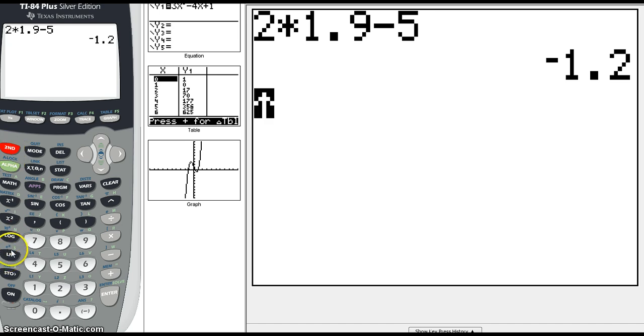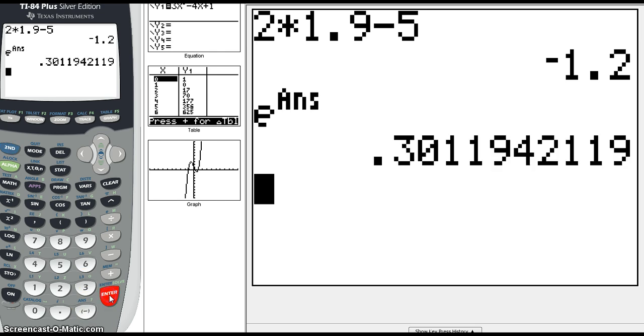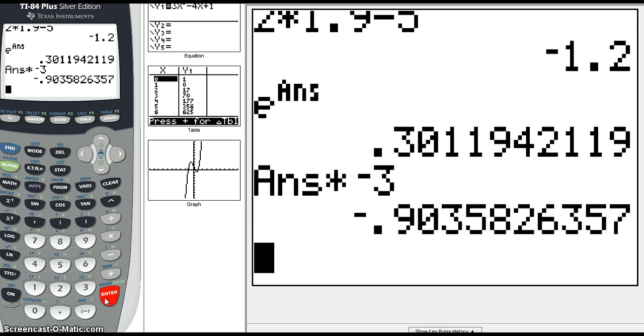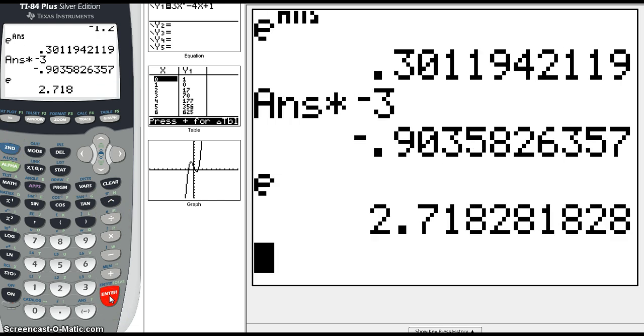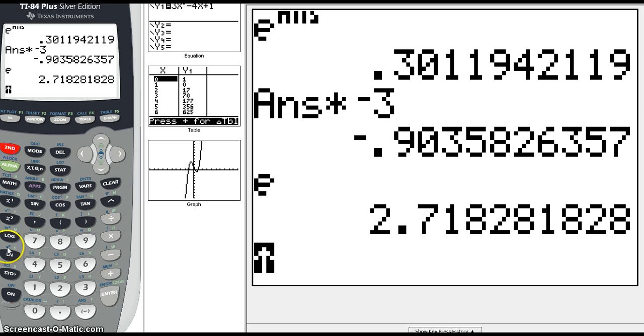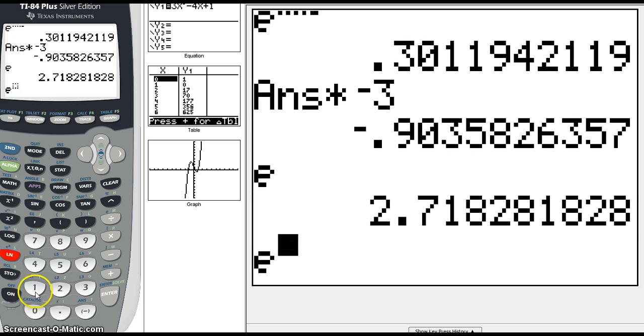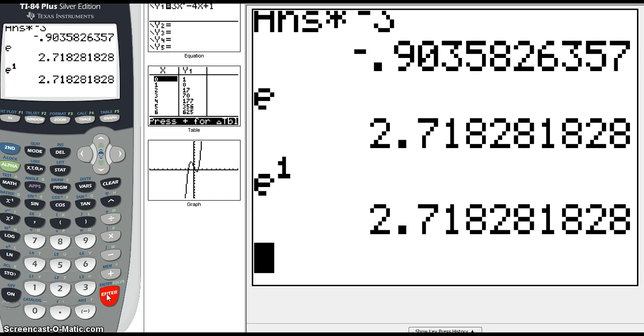If I do second ln, or if I do second division sign, both of those will give me e, and then I'm going to use my previous answer, and then times negative 3. So there we go. And then again, just to show you, if I wanted to just see what e is as a value, I can just do this and I get e. Or if I do second ln, it puts an exponent there right away, but e to the first is e.